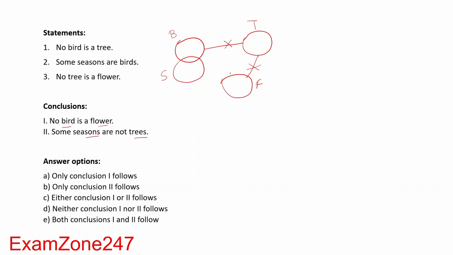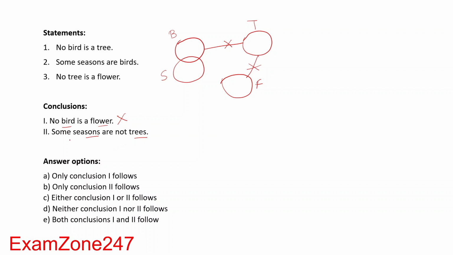So there is a possible diagram, and when there is a possible diagram, we cannot definitely say that this is true or this is false. So there is a maybe, I can't say, that type of situation. When there is a possibility but not a definite conclusion, we cannot say that conclusion 1 is right. So this will not follow.